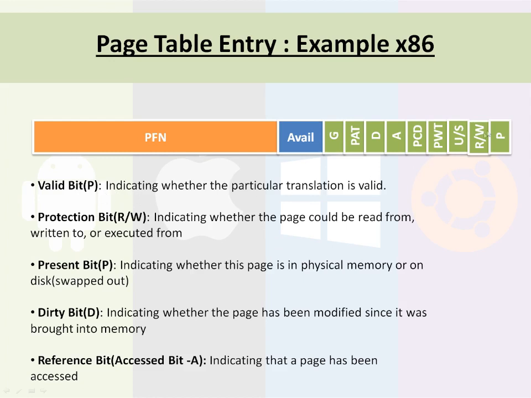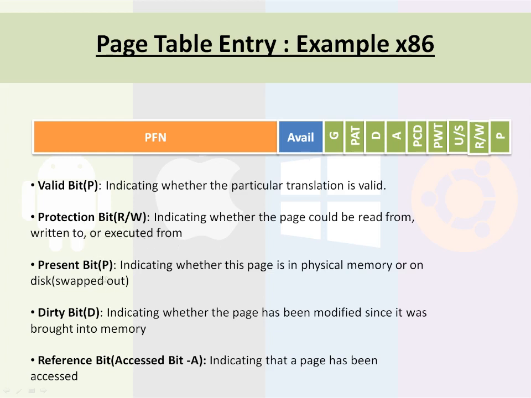So P, the one on the far right here, is what they call the valid bit. It indicates whether the particular translation is valid. We have the protection bit, which indicates whether the page can be read from, written to, or executed from. So this is like a privileges bit, a read-write bit.